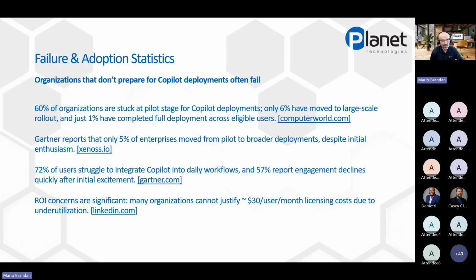And we want to keep that at the forefront of our mind, because turning on the service by itself is a recipe for failure, in my opinion. It sets your company up for failure, rework, delayed timelines, project plans being pushed to the right, and that leads to a failed project. Very telling over here is 60% of organizations, they're stuck at the pilot stage.